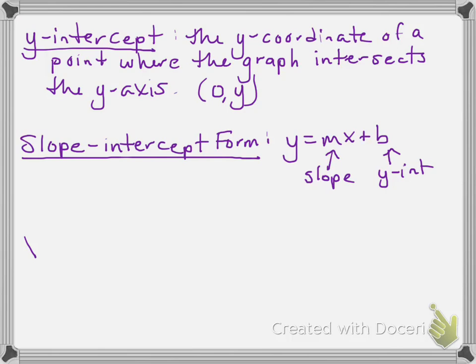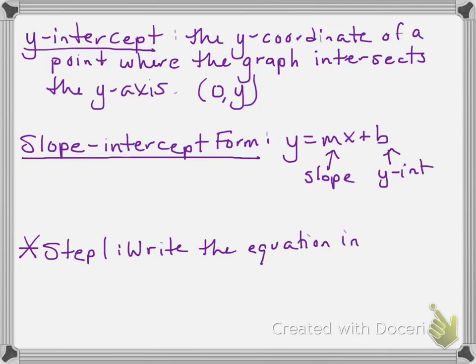So I'm going to put a star by this, that step 1 in this really should always be, especially if I ask you to do it, write the equation in slope-intercept form.